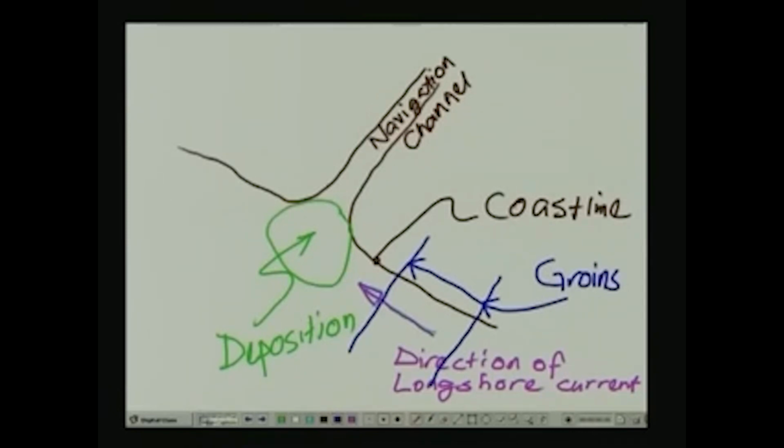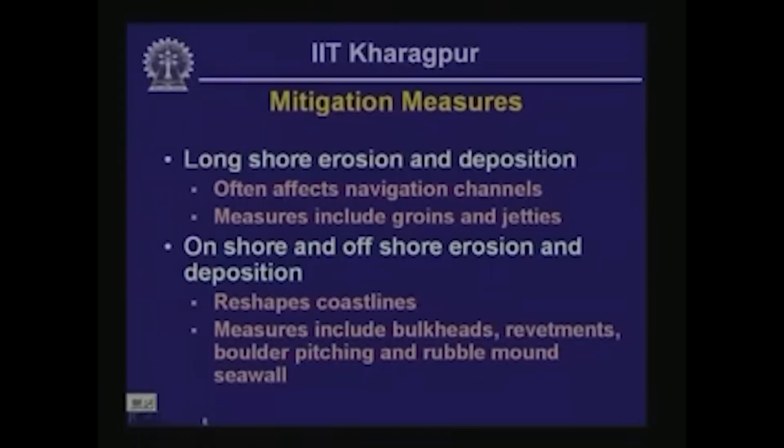So this is one of the intervention schemes as we are going to see in the next little bit. Onshore and jetties are also similar structures to groins basically. So they really cut down the velocities, longshore current velocities or wave action near the mouth of a navigation channel.